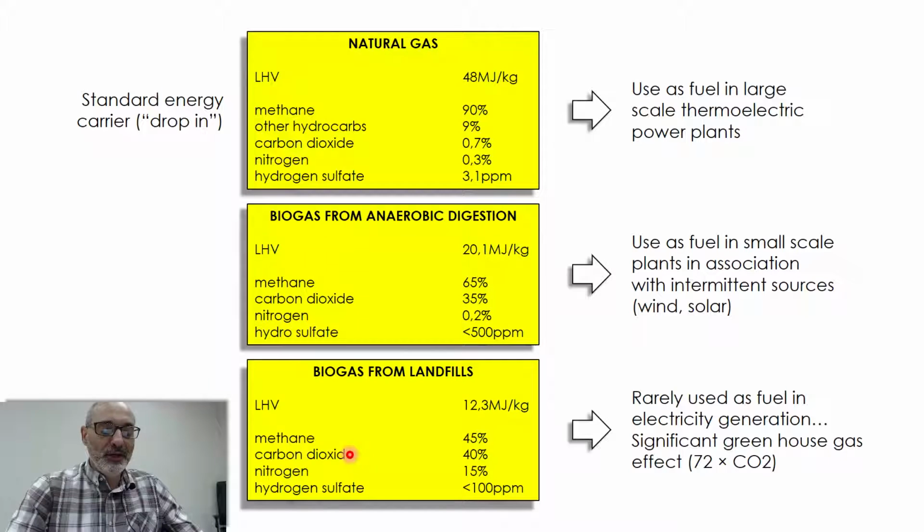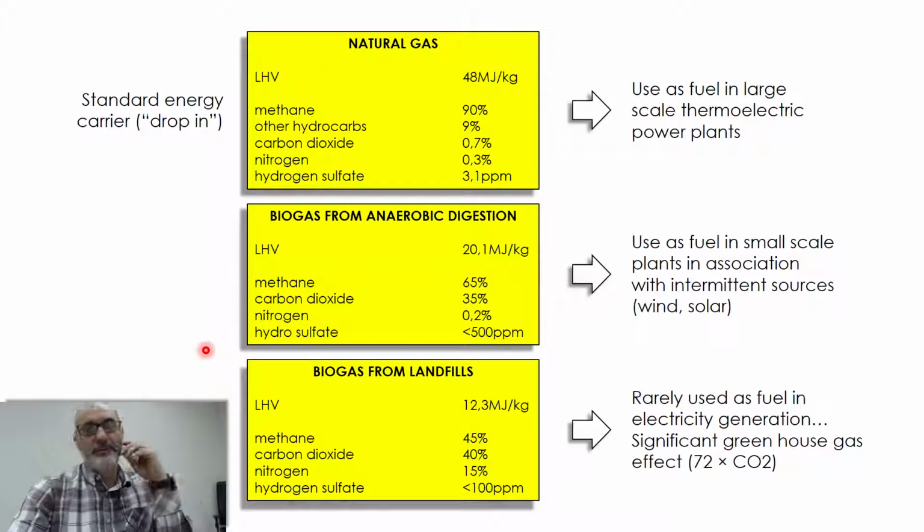It's better to transform methane to carbon dioxide, because the greenhouse effect of methane is 72 times higher than that of CO2. So you burn methane to emit CO2 in order to avoid emitting methane.